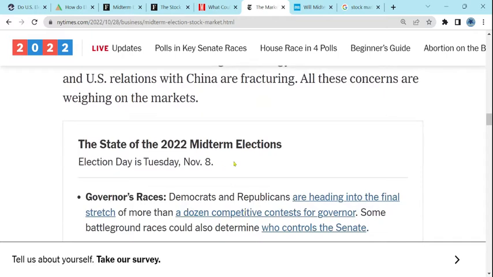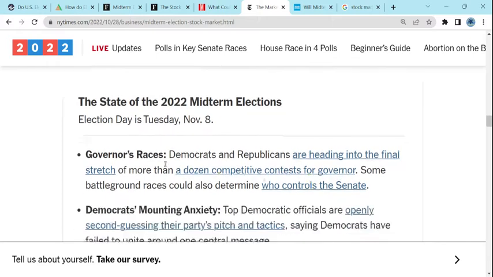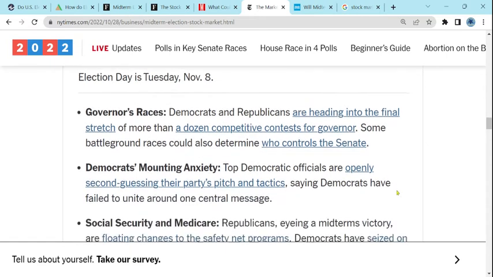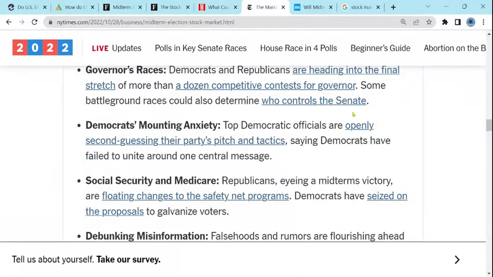So here's some discussion on the 2022 midterm elections. Democrats and Republicans head into the final stretch. Some battleground races are yet to be determined, so it's indeterminate who's going to control the Senate. Democrats have mounting anxiety, having failed to unite.